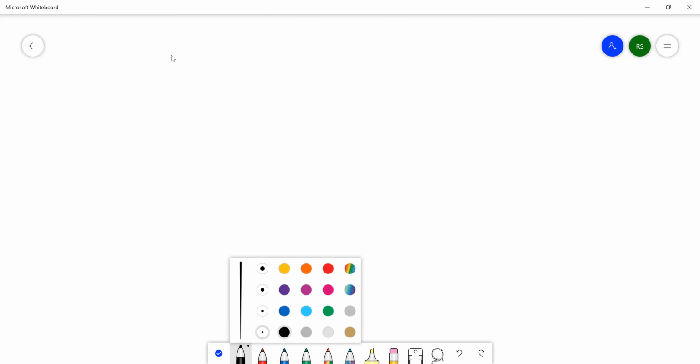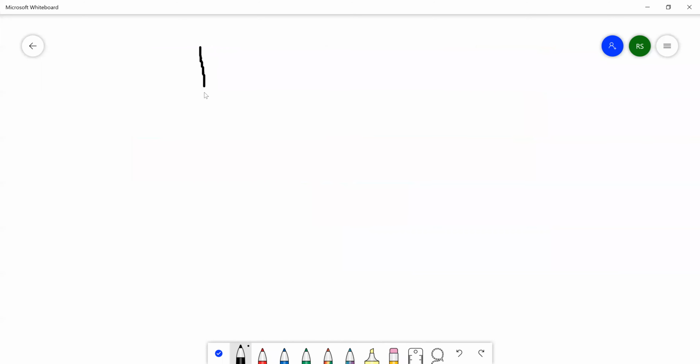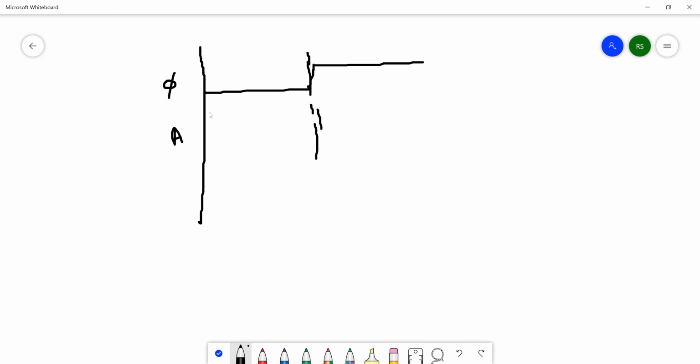So let's draw a sample waveform. This is my clock phi. This is my signal A. So up to this particular point, when clock equal to 0, A is basically don't care. I don't care what the value of A is. At this point, let's say that it makes a 0 to 1 transition, and I want to see if the output is correct.